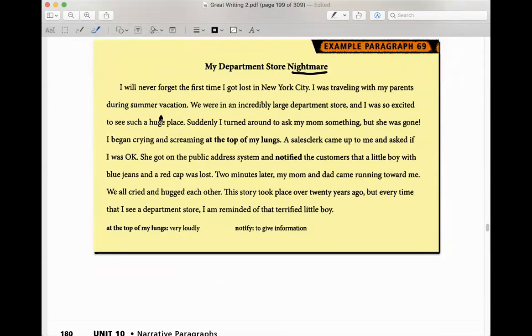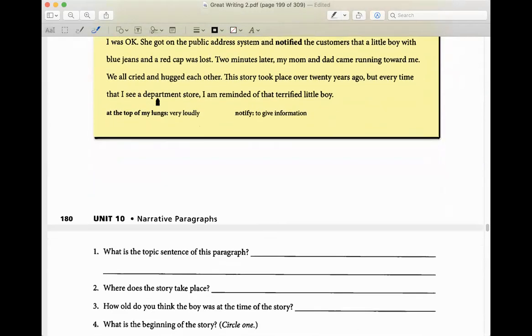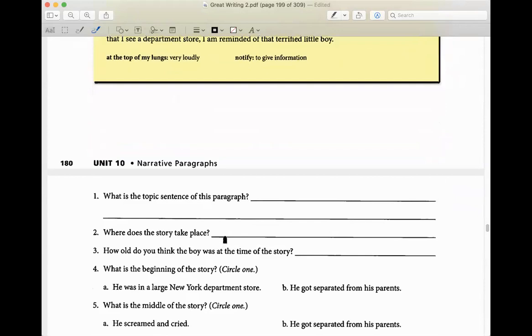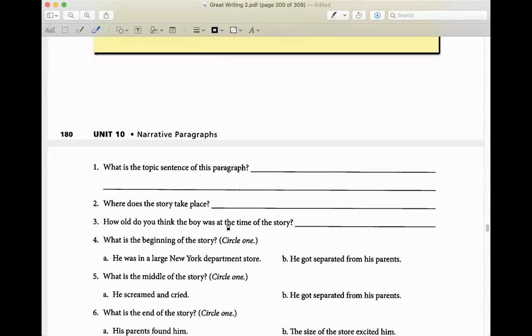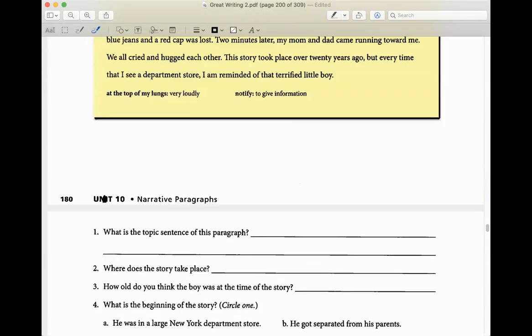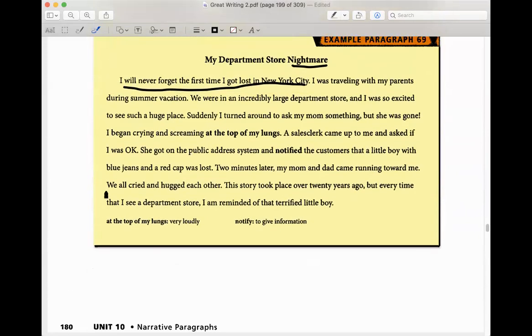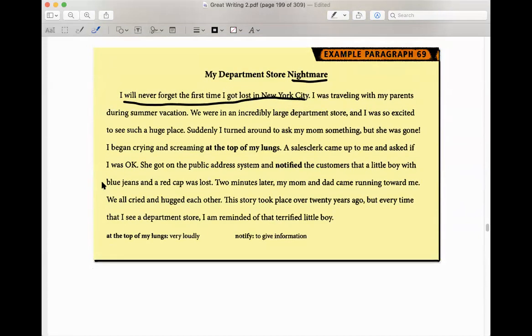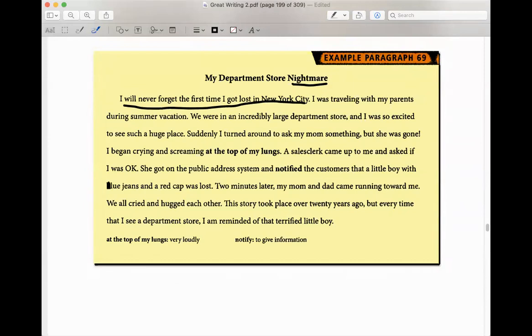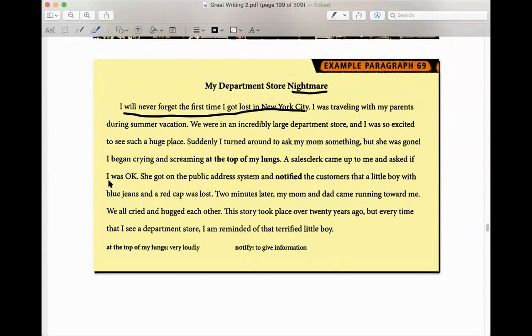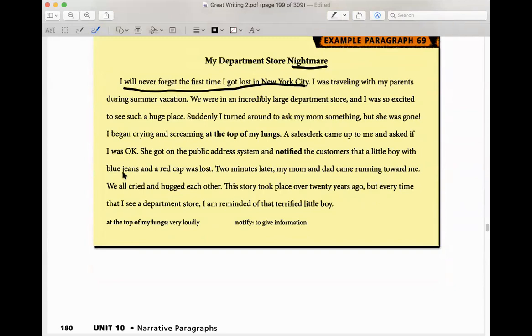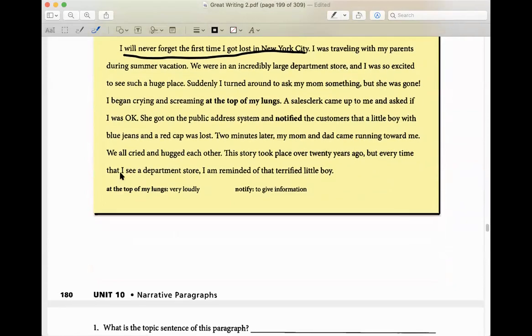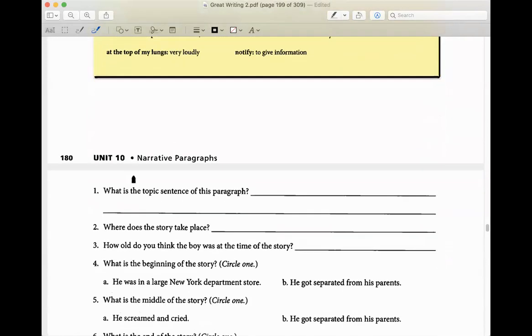So topic sentence we said was, I will never forget the first time I got lost in New York City. So where does it take place? In New York City, yes, but more specifically, in a department store. How old do you think the boy was? I don't know. What do you think? Maybe 5 or 6. I'm thinking maybe even a little younger.